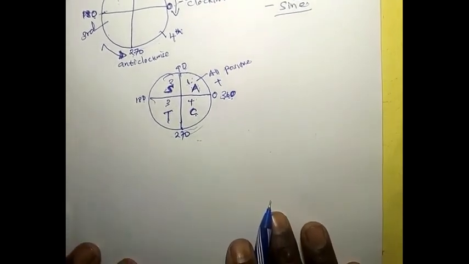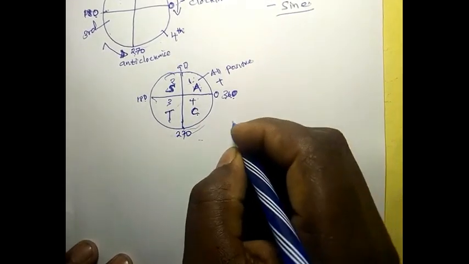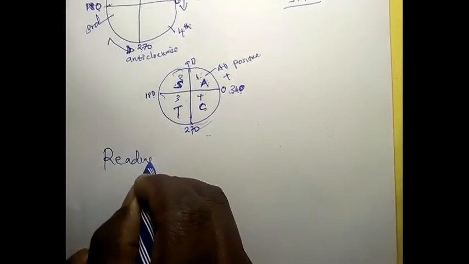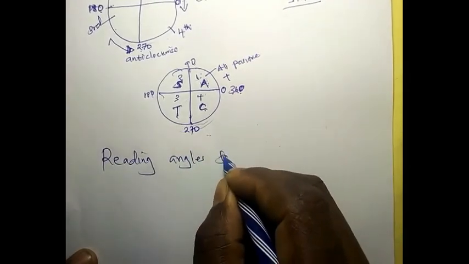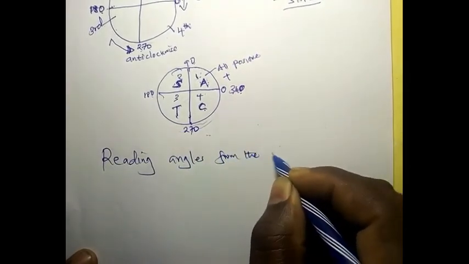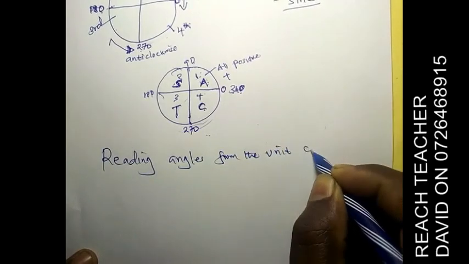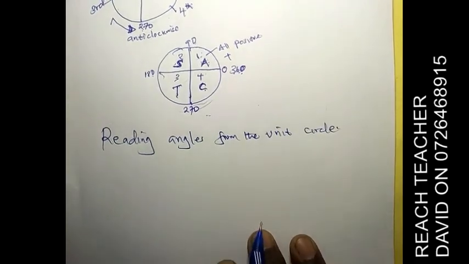After we have said that, now we want to see how to read angles. Reading angles in the unit circle.